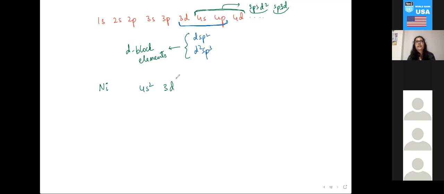No, 3d6 is iron, so this is 3d8. So it has incomplete 4s, 4p orbitals and incomplete 3d orbitals. So when it undergoes hybridization with the D shell, this is going to show dsp2 or d2sp3 depending on the context. Okay, so that's the difference between d2sp3 and sp3d2.